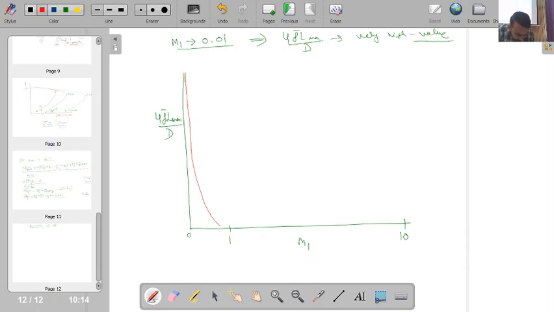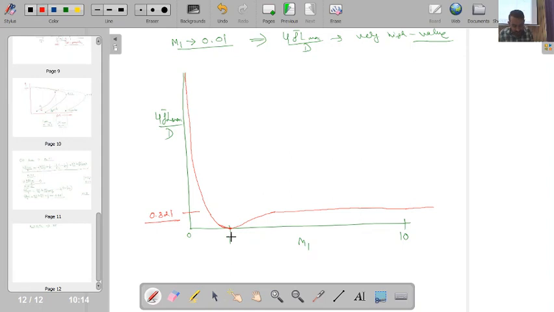It will reach a minimum at 1, where it will be 0, and then further it will increase, and finally it will saturate to a value of 0.821. Is this one clear?